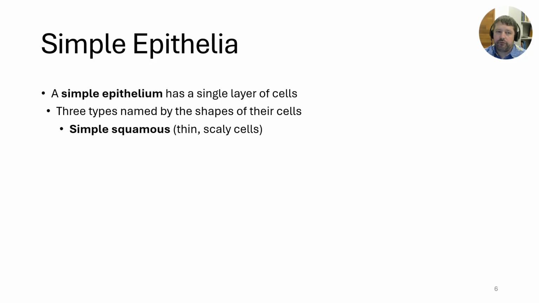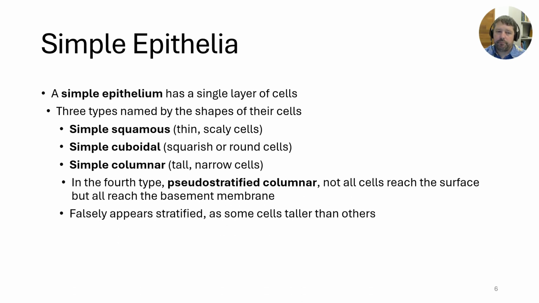Sometimes you'd see simple squamous epithelium, simple meaning single cell thick, and squamous meaning thin or laterally compressed. Simple cuboidal epithelium, uniform shaped, same width, same height cells. Simple columnar, tall, narrow cells. You get the point.